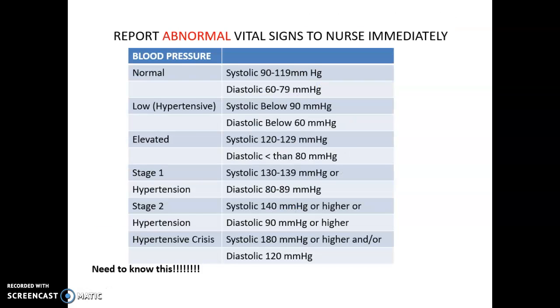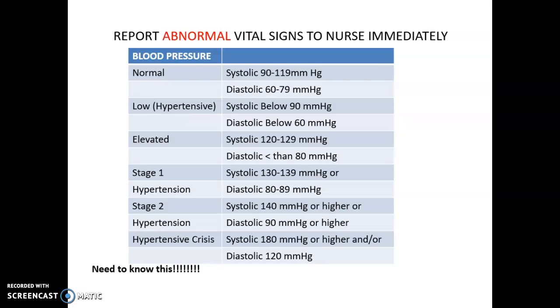This is quite a graph for blood pressure. The ideal blood pressure, they say, is 120 over 80, with systolic being 120 and diastolic being 80. These are the different stages of hypertension. Oops, that low should say hypotension, I'm sorry.